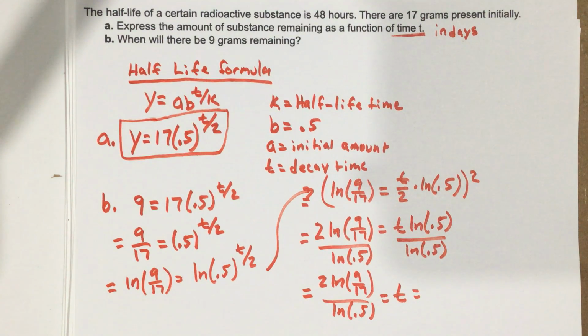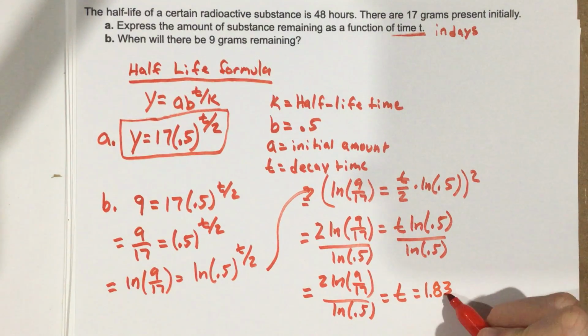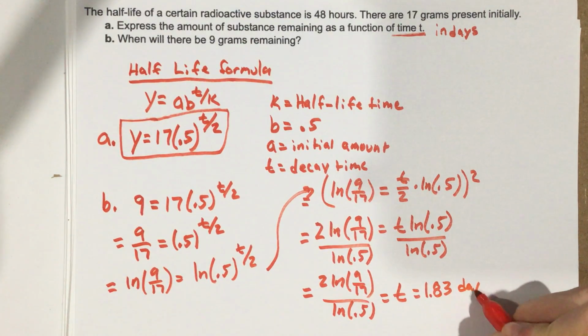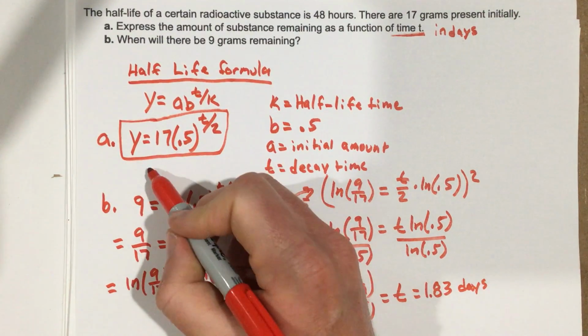And then we're going to divide it by natural log of 0.5, and we get 1.83. And that's 1.83 days, because again, our equation was written in days.